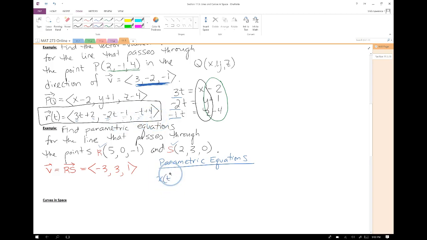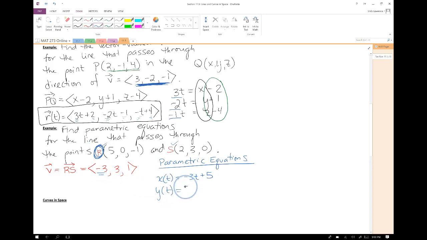So as parametric equations, we would have x of t equals negative 3t, and then you have to decide whether you're going to use R or S. So we could either say plus 5 or plus 2, but you have to pick one and be consistent and use that same point every time. So I've used 5, which means I'm using R, so all of the rest of them have to use R as well.